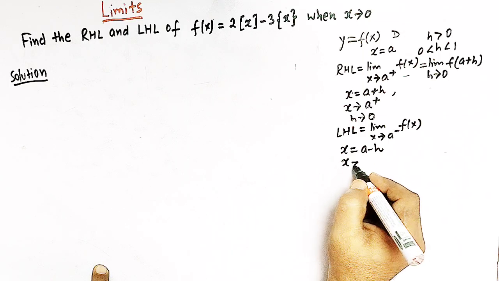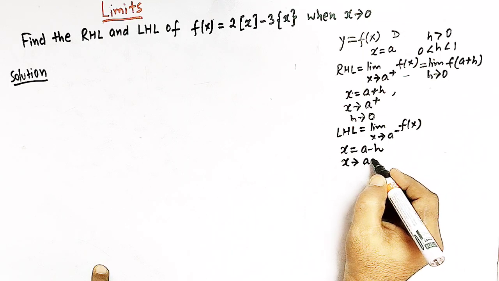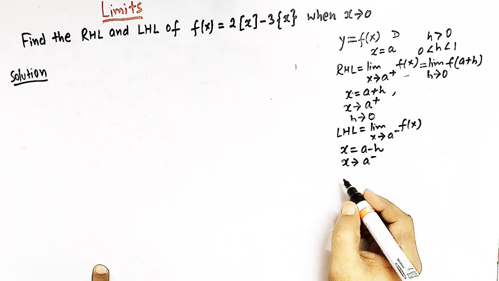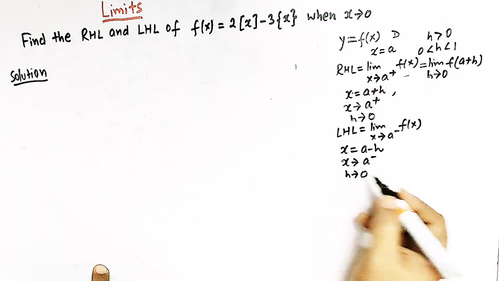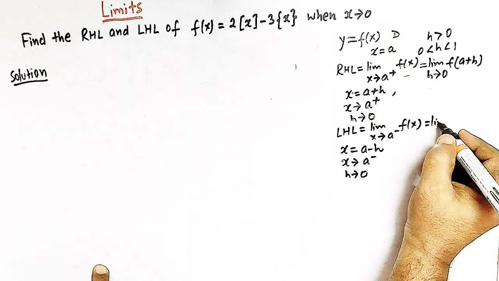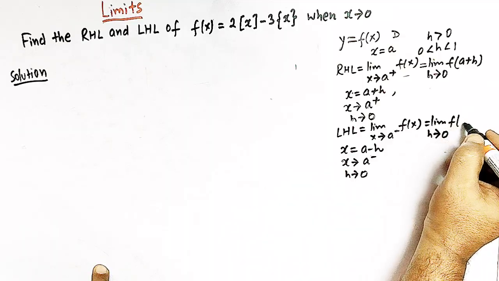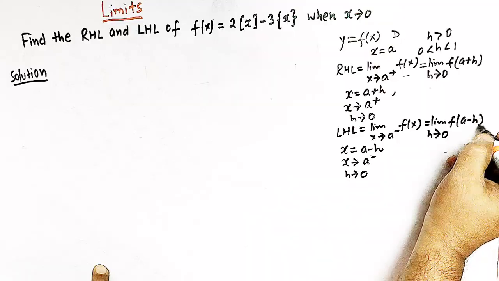When x tends to a from the left of x is equal to a, then h tends to 0, and we have limit h tends to 0 of f of a minus h.